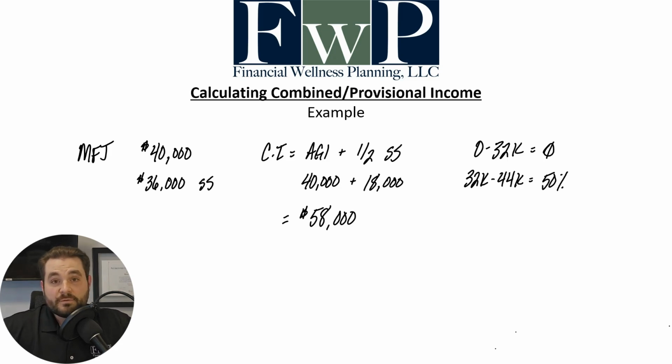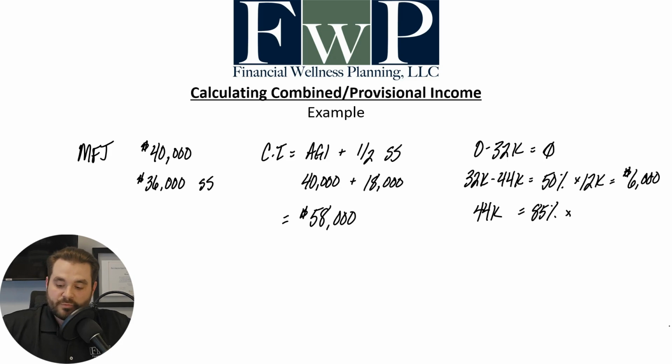Their combined income is over $44,000. So the $12,000 that exists within this threshold, 50% of that is going to be considered taxable Social Security income. So we multiply 12,000 by 50%, that's $6,000.